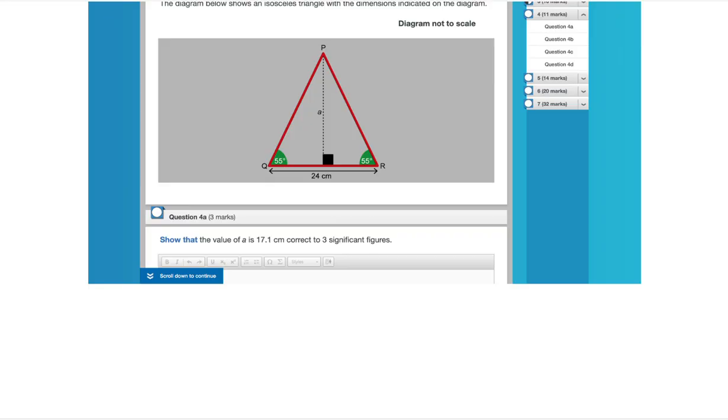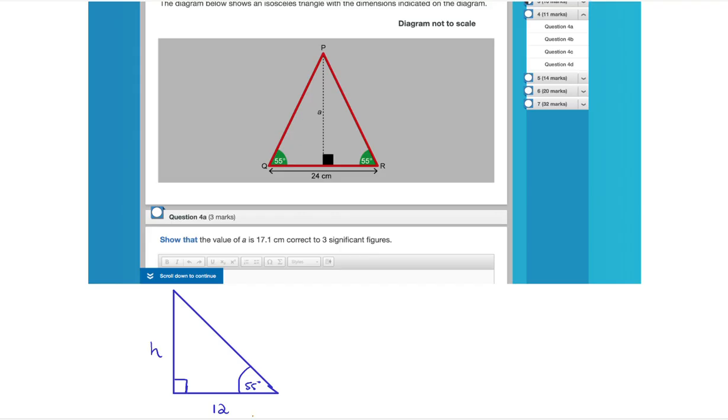So if I make a right angled triangle here, this length becomes 24 over 2, which becomes 12. This is 55 degrees, this remains h, and this is the 90-degree mark.